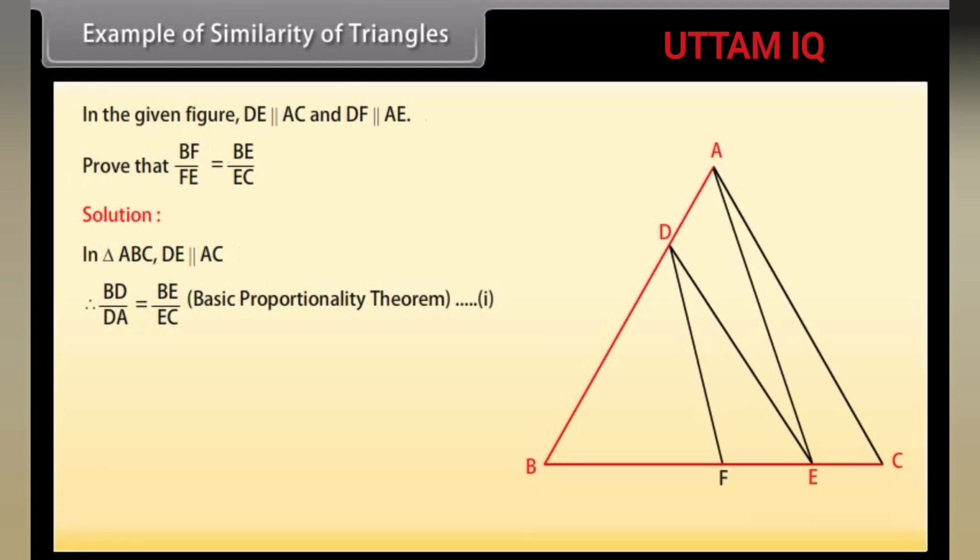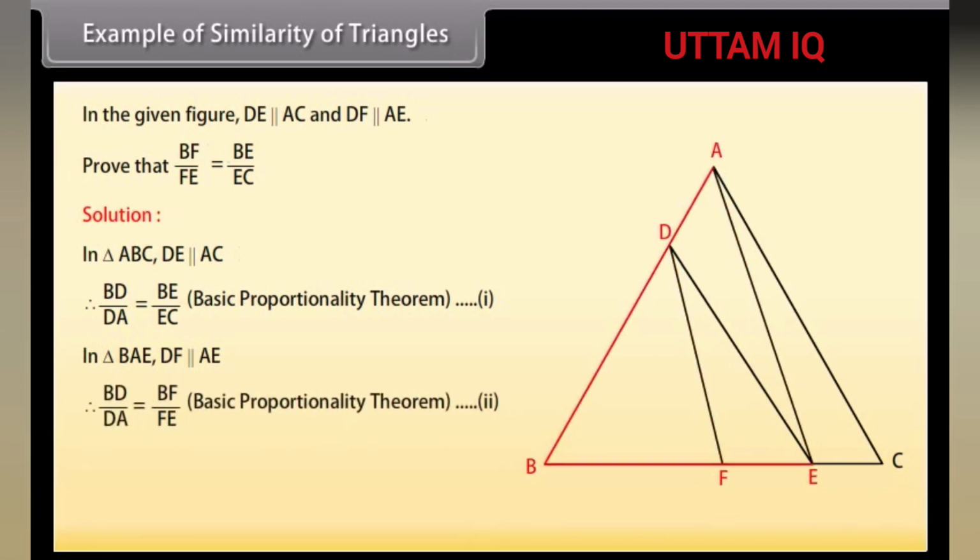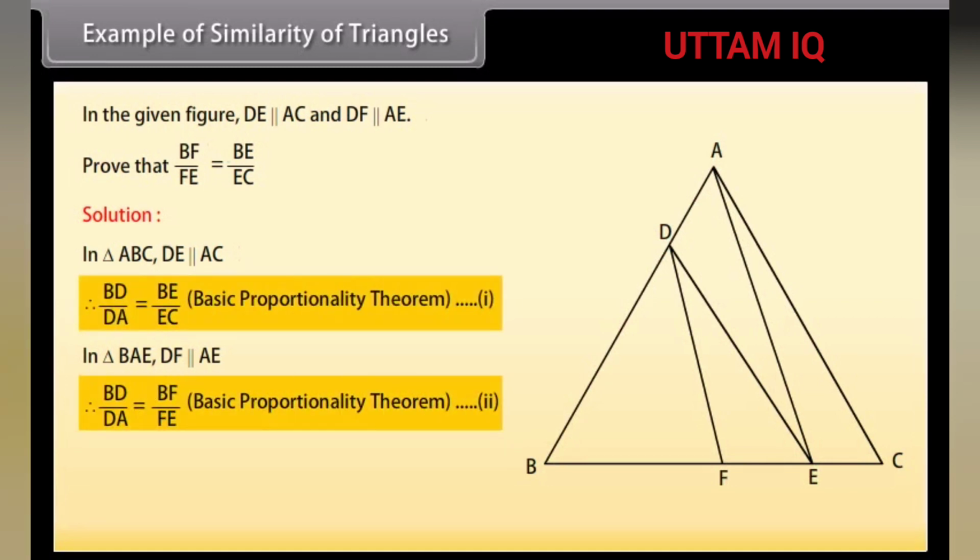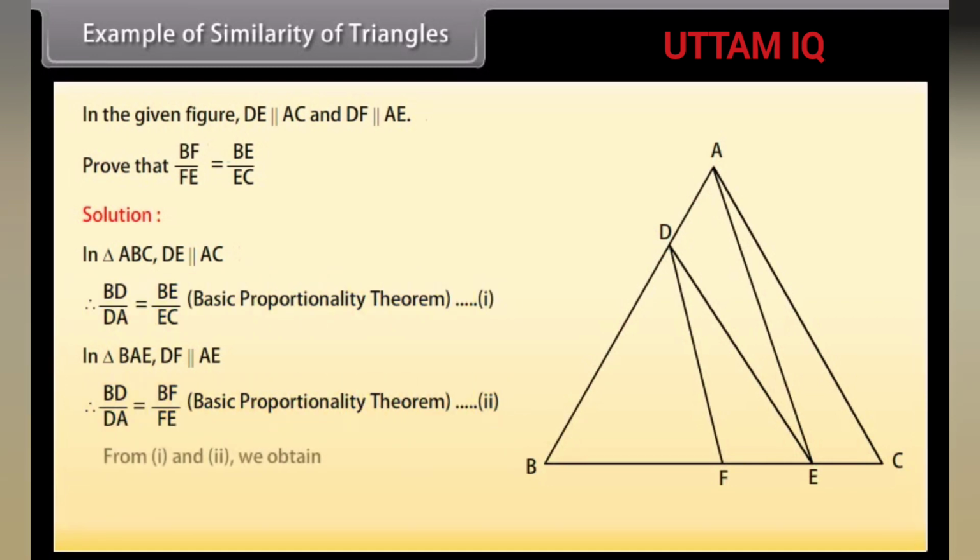Mark it as 1. In triangle BAE, DF is parallel to AE. Therefore, BD upon DA equals BF upon FE by the basic proportionality theorem. Mark it as 2. Now, from 1 and 2, we obtain BE upon EC equals BF upon FE.